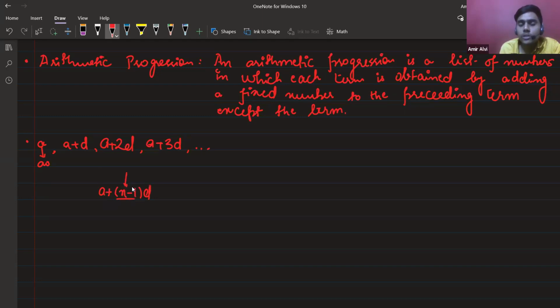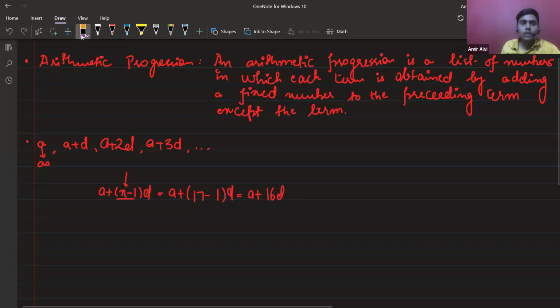That's called the general formula for finding the term. If you put 17, A plus 17 minus 1 D, which is basically A plus 16D. Is that clear to all of you?